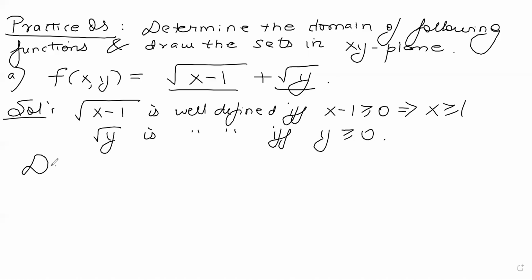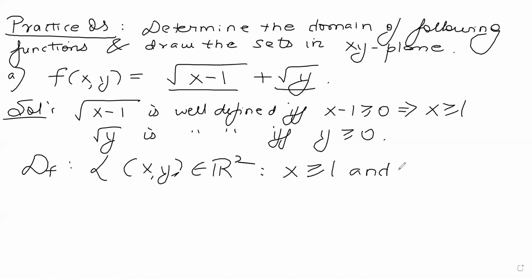So what is the domain of this function? Set of all vectors x comma y belonging to the two-dimension space such that x is greater than or equal to 1 and y is greater than or equal to 0. This is now the domain of the function f.